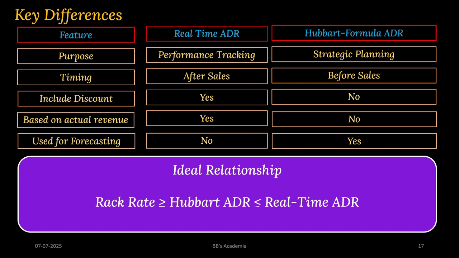You got my point? Example wise, if your rack rate is 5,000 rupees and your Hubbart ADR is 4,600 rupees, so 5,000 rupees is greater, and your real time ADR is 4,700 rupees. You can see that it is following. 5,000 rupees is greater than 4,600 and 4,600 is less than 4,700.